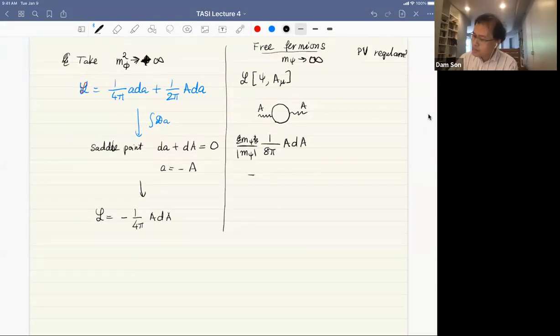It's either plus 1/8 pi AdA or minus 1/8 pi AdA, depending on the mass of this fermion.